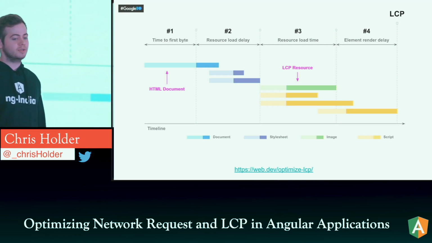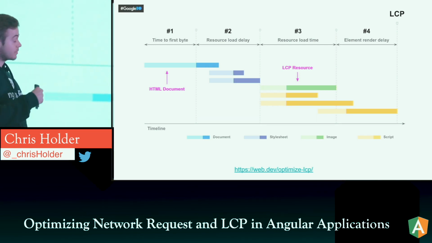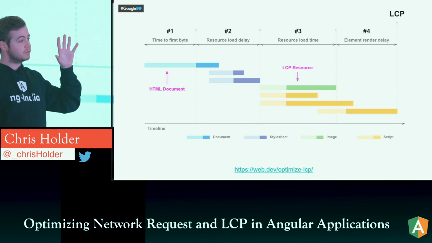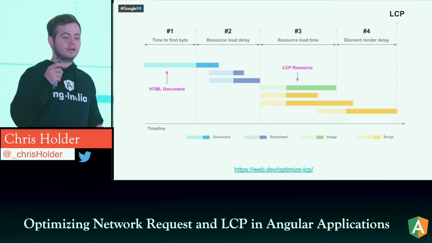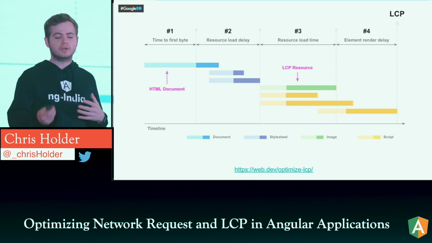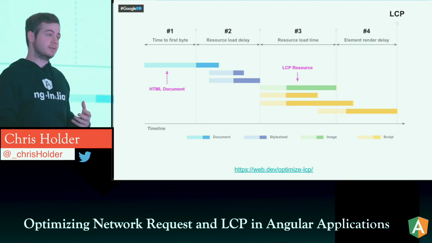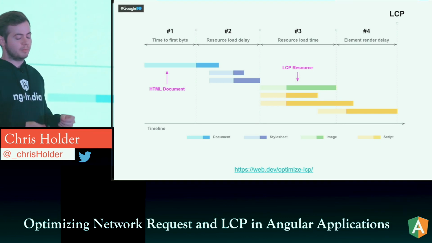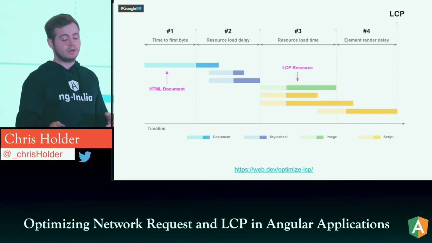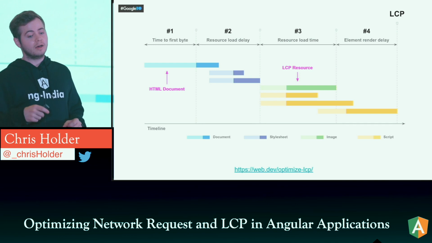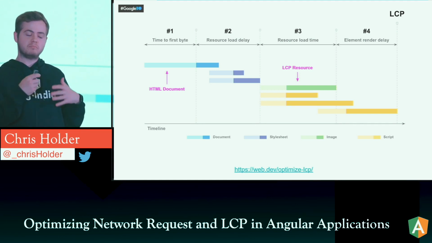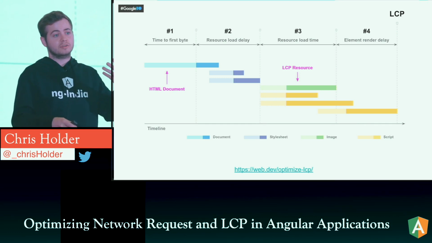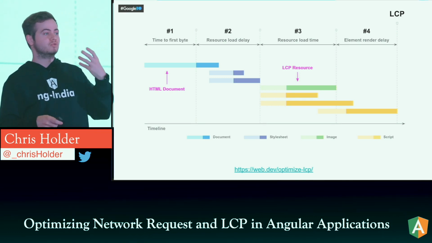On this, you'll see the time to first byte, which is what Enea talked about, the resource load delay, where we're going to load any type of files that are necessary for us to then be able to load the largest contentful paint, and then the resource render delay, which is all the time that it takes from the moment that the browser actually has the largest contentful paint to the moment it's actually ready to render it.